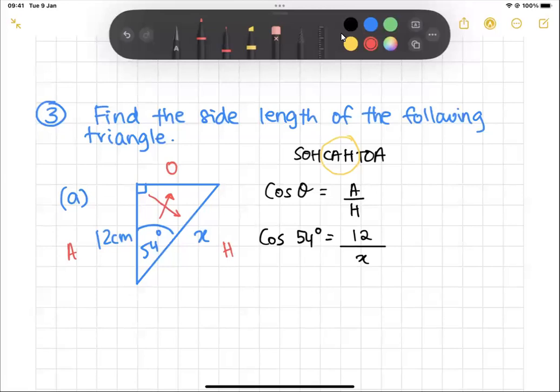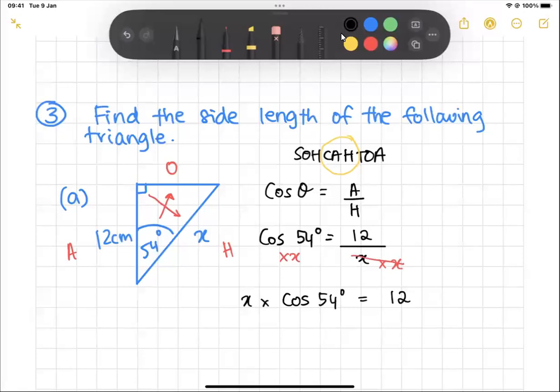Now, how do I make x not on the denominator? Well, let's just multiply by x on both sides and cancel this one out. And what I will get is x times cos 54 degrees equals 12.